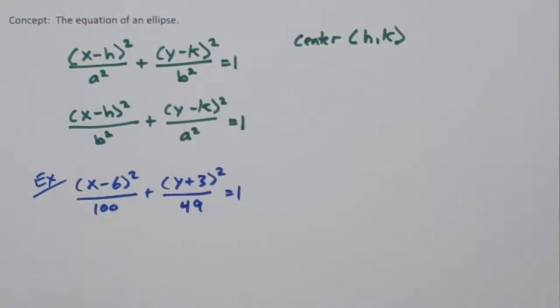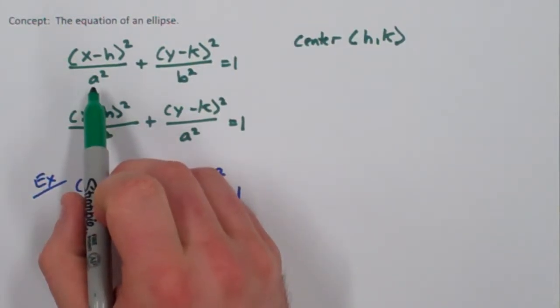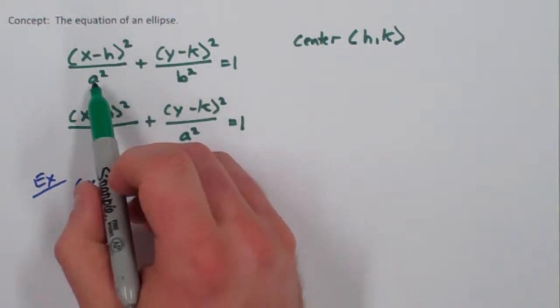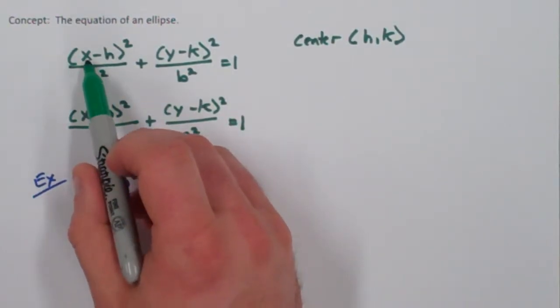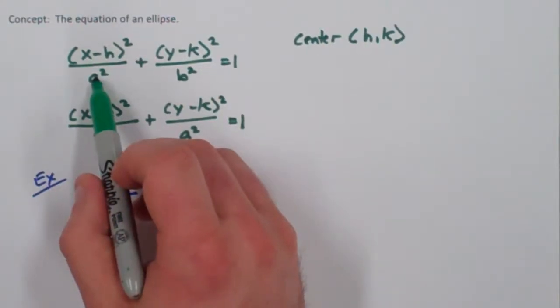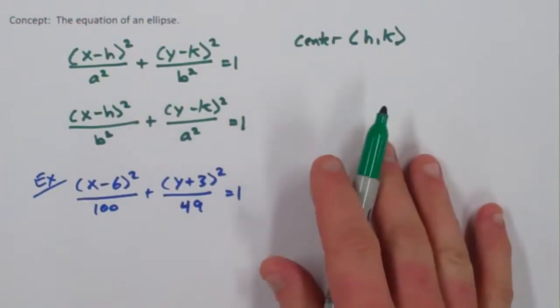Let's talk about the direction, or the way the major axis is orientated. So if we take a look at a squared here, a squared is always the bigger value. It's bigger than b squared here. And if we look, the bigger value is underneath the term with x. So in this case, the major axis will be left and right in the x direction.